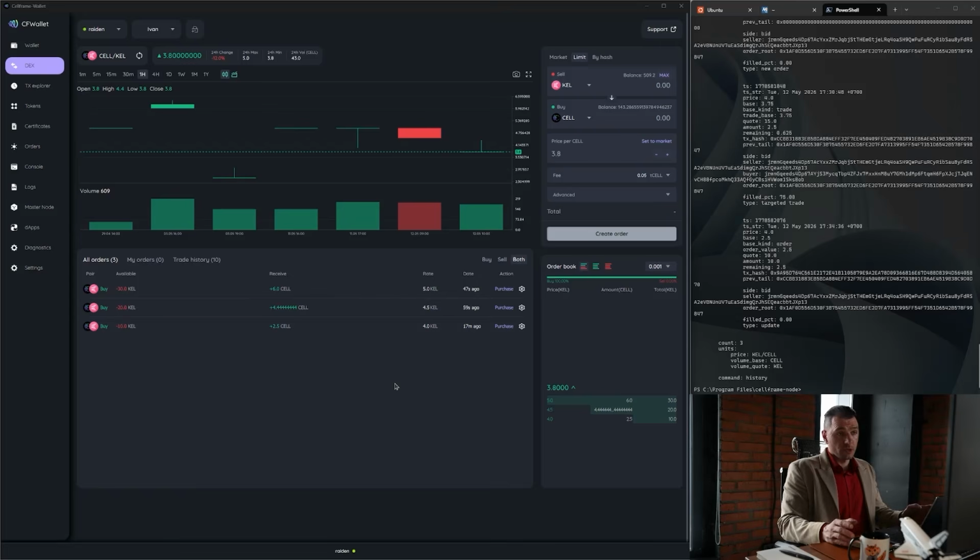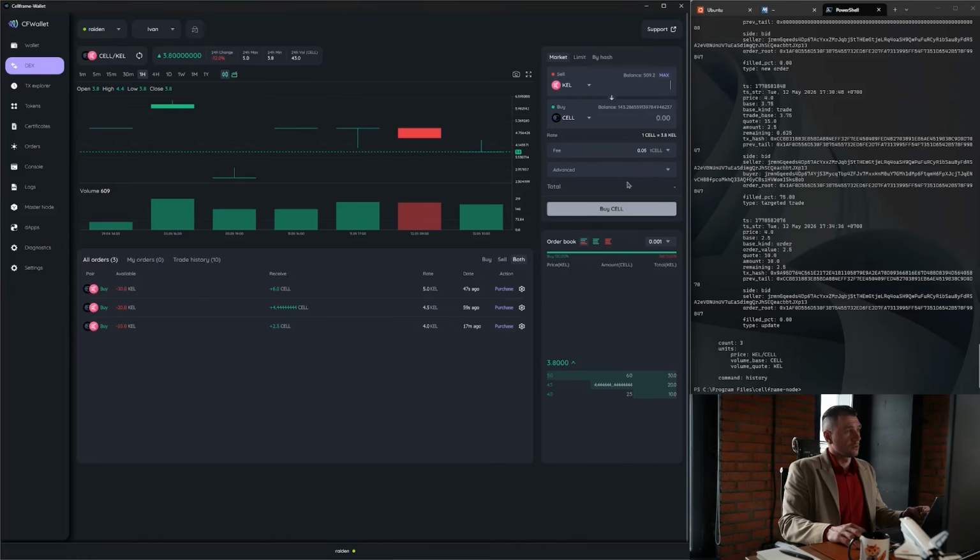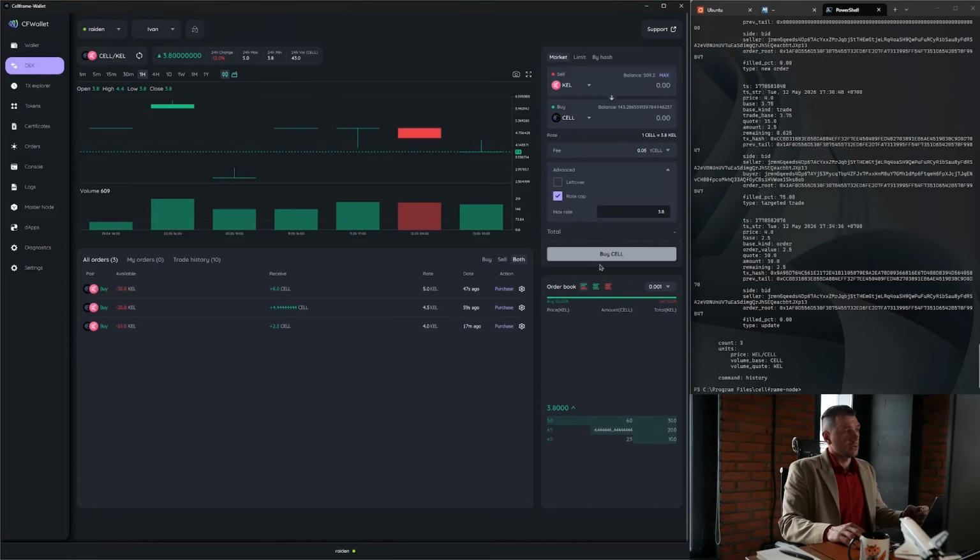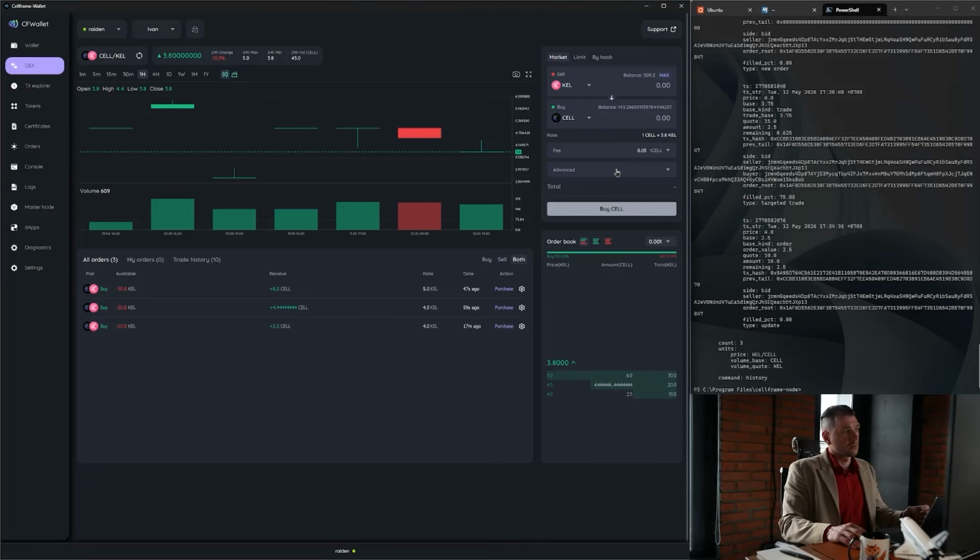So how does the matching engine work? It walks the order book by the best available price, combines the orders, and stops according to the specified budget limit or a rate limit. If you don't want to purchase at a higher or at a lower rate, depending on the side.